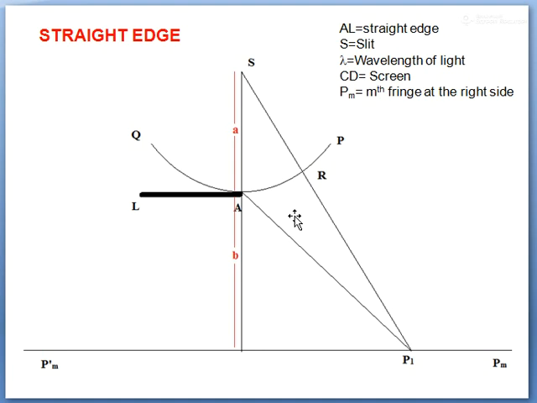তাহলে say for example AL is a straight edge which is an opaque obstacle, okay, and at point A there will be straight edge.